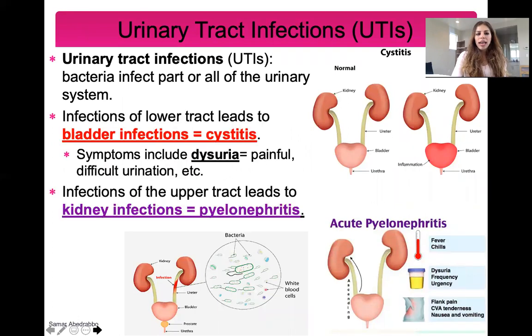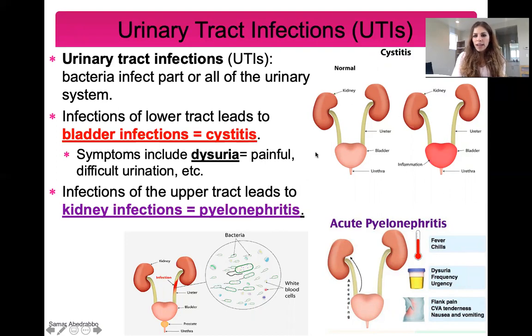And urinary tract infections are when bacteria infect part or all of the urinary system, which again, we talked about includes the kidneys, the ureters, the bladder, and the urethra. Infections of the lower tract, so in the lower urinary system, bladder infections are called cystitis. So itis is inflammation, cystitis is bladder infection.